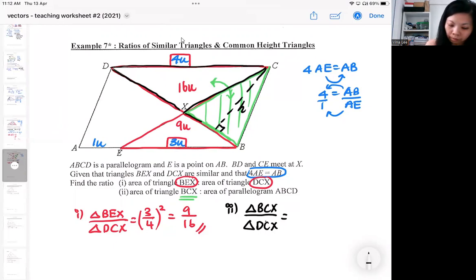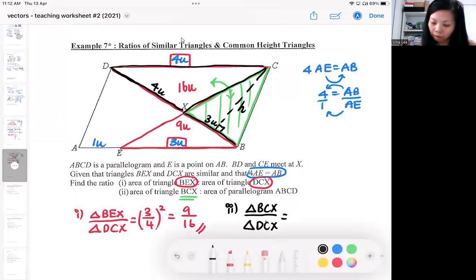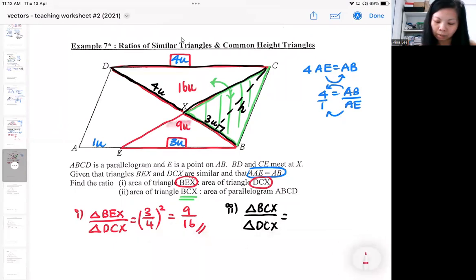And this is 3 units, this is 4 units. Some students will be wondering, how do I know that the base is 3:4? Because originally these two are similar.